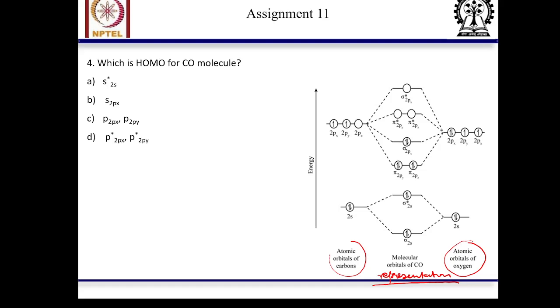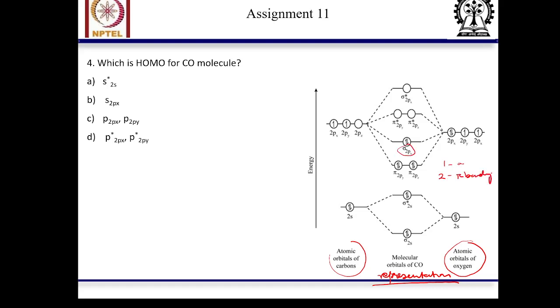So we have the 2s and 2s orbitals, which will form sigma 2s and sigma star 2s. Now we have 2px, 2py, 2pz. They will form the pi 2py, 2pz, which is lower than the sigma 2px. So there are 3 orbitals: one will form the sigma and two will form pi bonding.